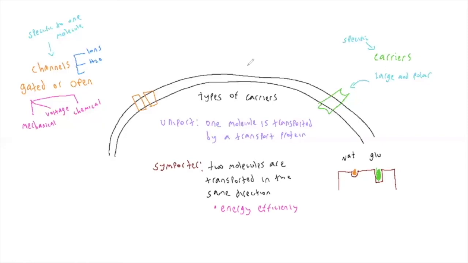And the next one we're going to talk about is called an antiport. And so let's see if I can squeeze this on the bottom. Antiport. Anti means against. Two molecules are moved against concentration gradient.